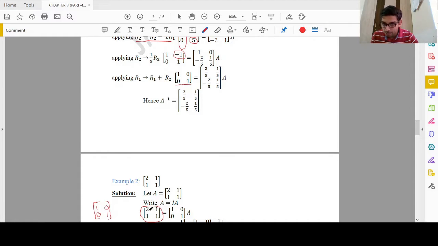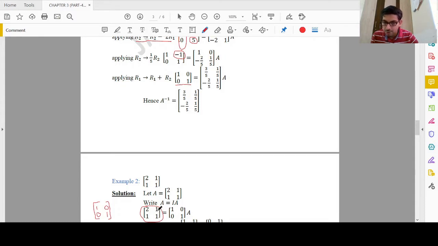So start with the first element, that is A11. If it is already 1, move to the second, that is A21, the element in that same column. So the algorithm you can follow is start with the first element. If it is 1, move to the element in that column, make that 0. Then again move to the A22, that is the next diagonal element, make that 1.